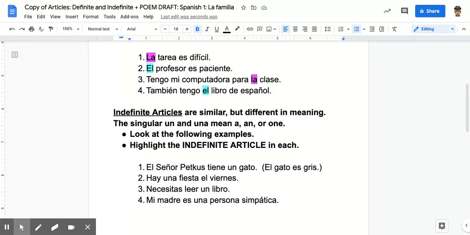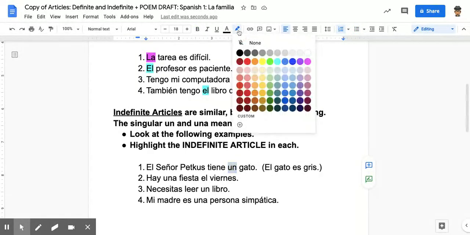Highlight the indefinite articles in each. Be careful. Some of these have definite and indefinite articles in them. Again, I'm going to choose different colors for masculine and feminine.